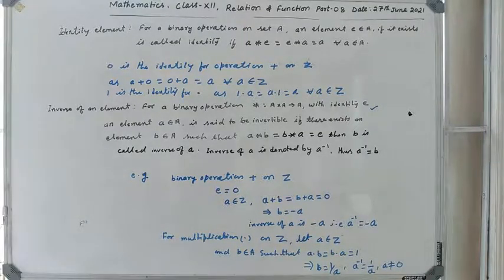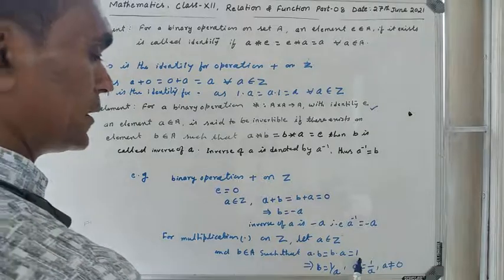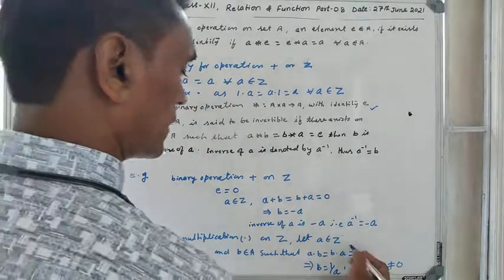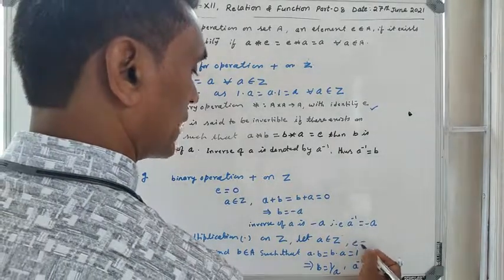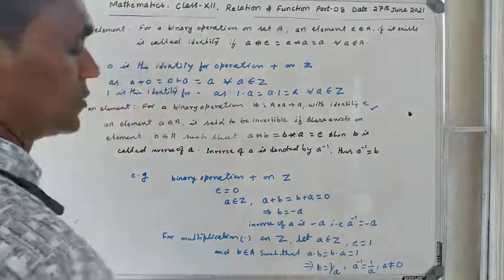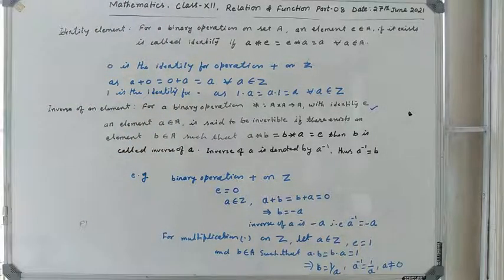So except 0, every element of Z is invertible under the operation multiplication. For multiplication, identity element is here 1. So that also you can mention, identity element is 1.